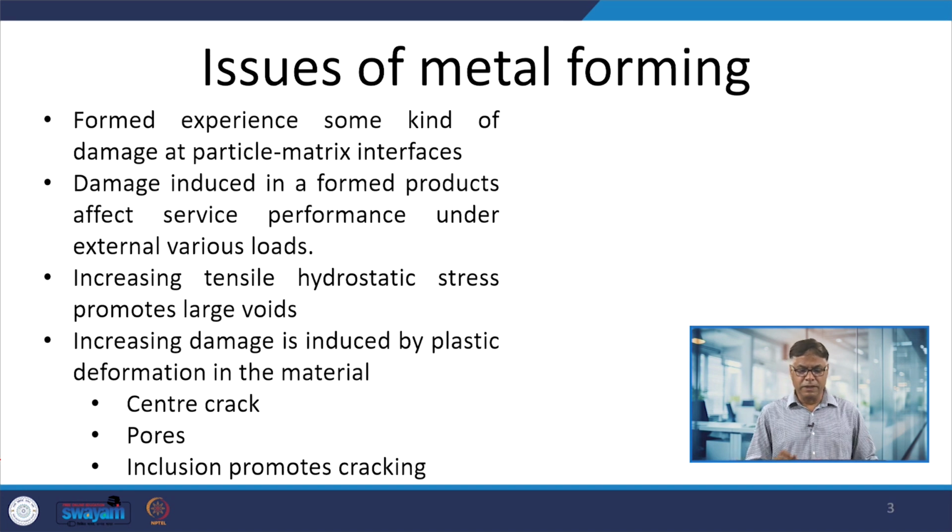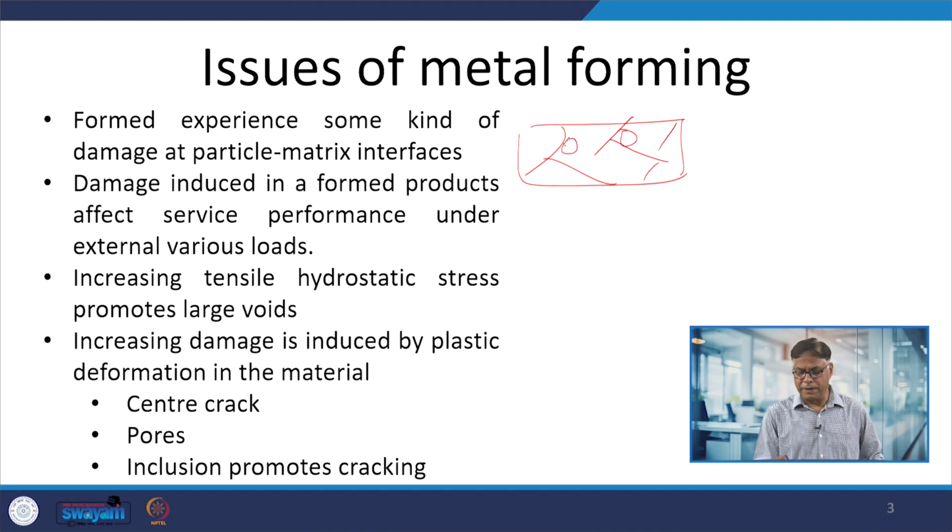So, here the issues in the metal forming, like the formed products experience some kind of damage. Initially the metal may be in very good condition with the second phase particles here and there, well distributed with good bonding.